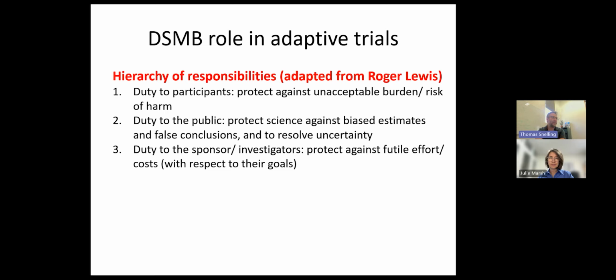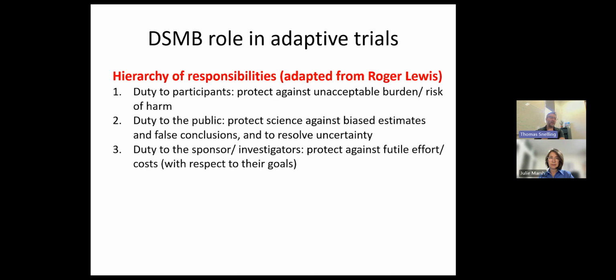And then the third responsibility, and the least important, is the duty to the sponsor or the investigators. The duty to try to protect investigators against futile effort and futile costs with respect to whatever their goals are.